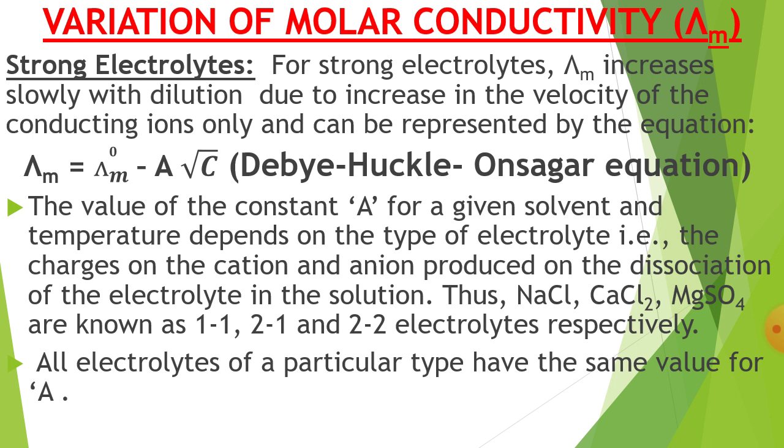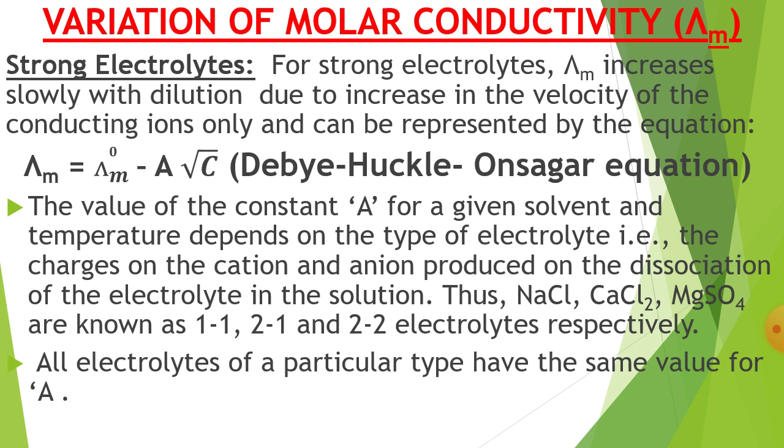For strong electrolytes, lambda m increases slowly with dilution. Reason: due to increase in the velocity of conducting ions only. On dilution, only the distance between the ions increases but not the dissociation of the ions. That's why the molar conductivity increases slowly.